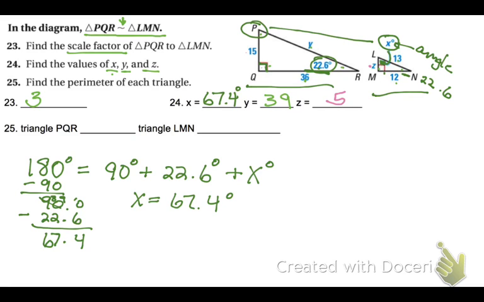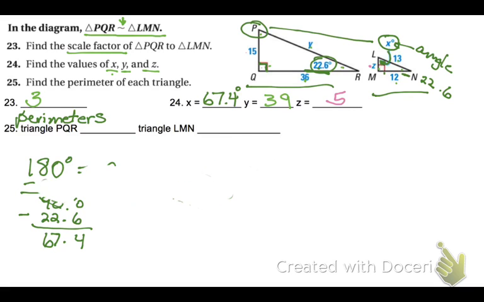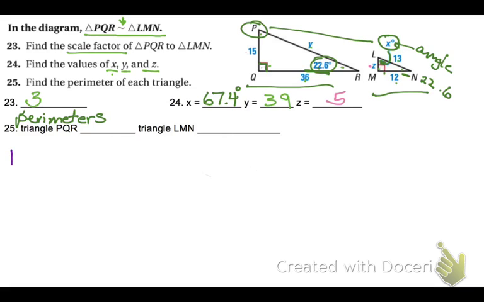Now they want you to find the perimeter. I'm going to erase this stuff since we're done with it. I'm going to change to another color. Let's do purple. Let's find our perimeters. The perimeter of the large triangle, which is PQR, equals the sum of all of its sides.